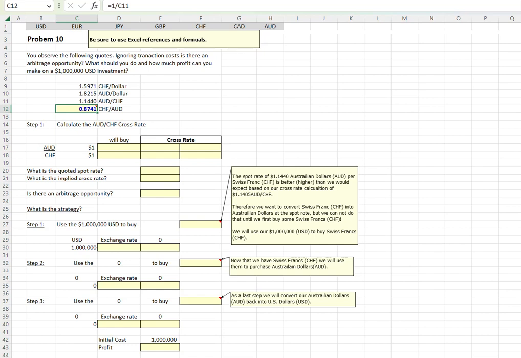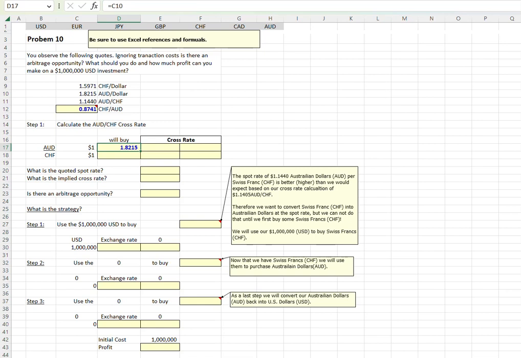Next, we're going to calculate what the cross rate should be. Again, these are observed cross rates. What should they be based on these direct rates? So, first thing we would do, if we had $1, we could purchase 1.8215 Australian dollars in the spot market.